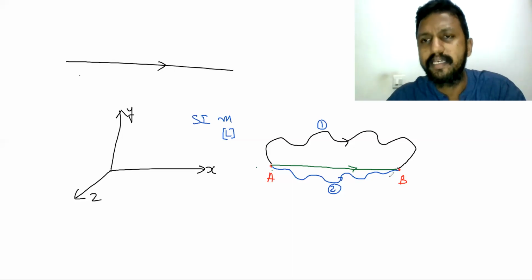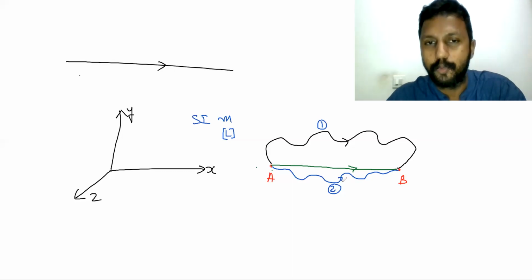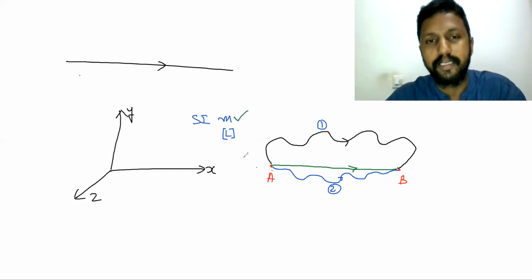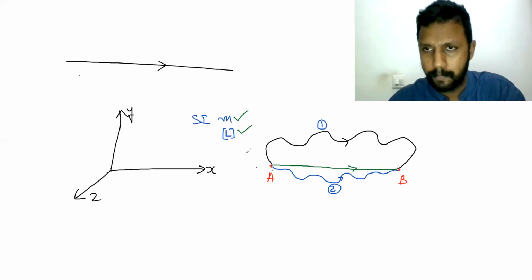Why are we saying displacement is a vector quantity? It is because displacement has both magnitude and direction. The SI unit of displacement is also meter, and the dimensional formula of displacement is also L. That is, the SI unit and dimensional formula for distance and displacement are both the same.